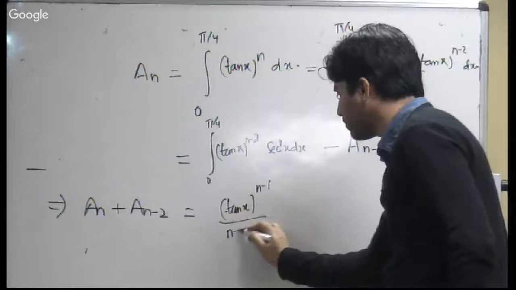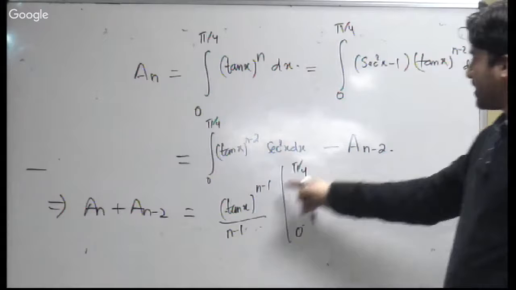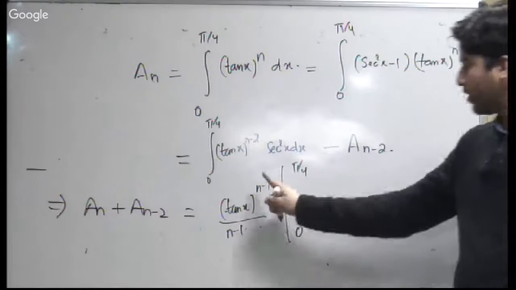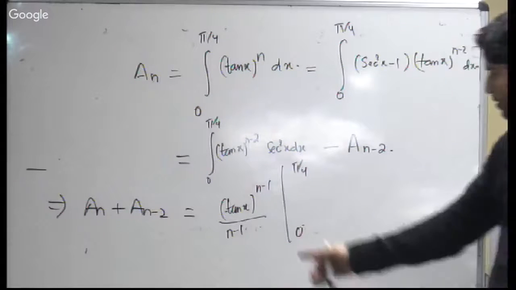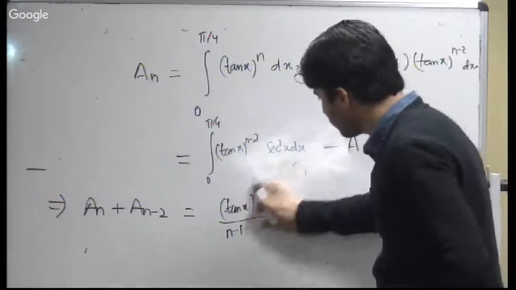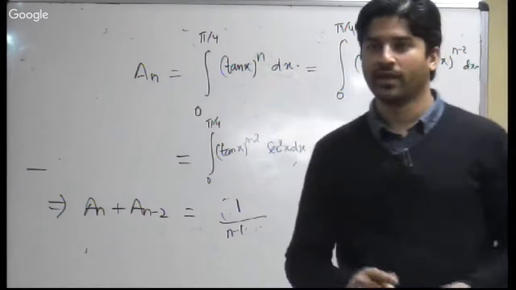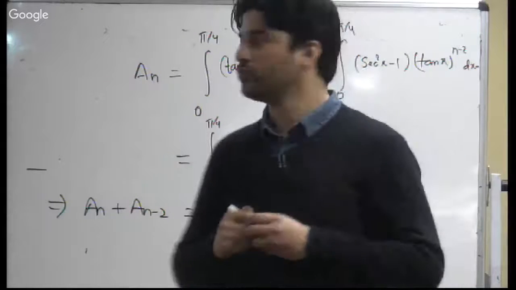What is tan pi by 4? 1 to the power n minus 1 is 1. And what is 0? 0. So the first part is done: an plus a n minus 2.